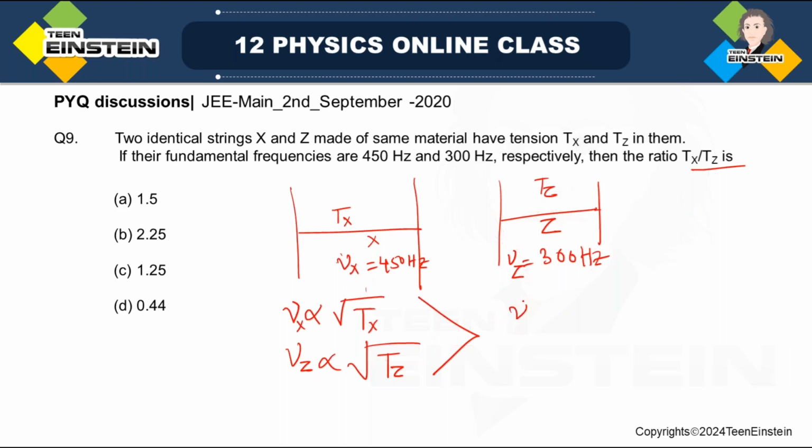So I have to actually find out mu x by mu z.